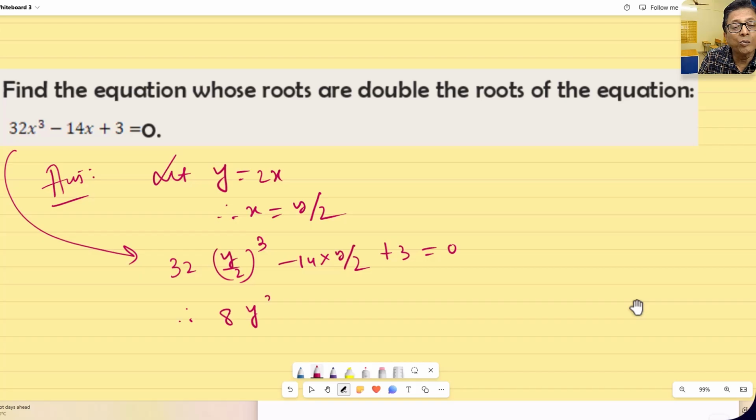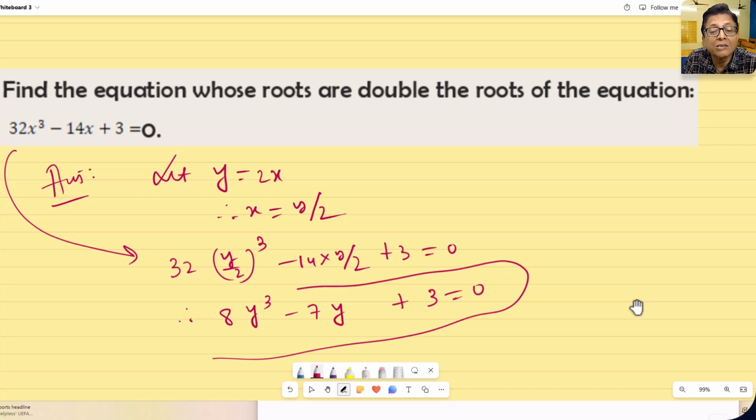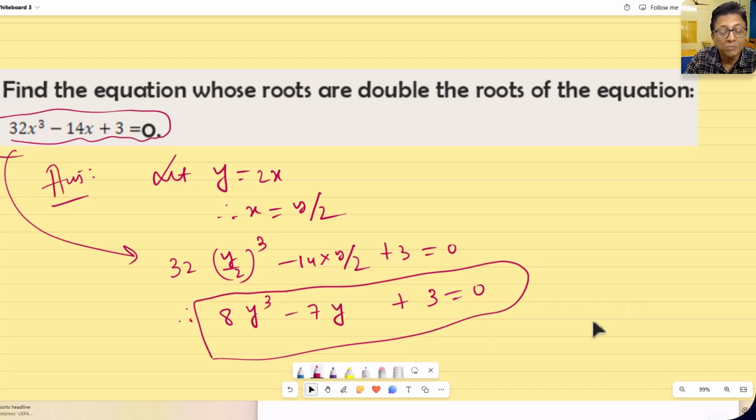So 8y cube minus 7y, and this 8 will be multiplied... no, not 8, it gets cancelled fully. So it will be 4y cube minus 7y plus 3 equal to 0. This equation has roots double the roots of this equation.